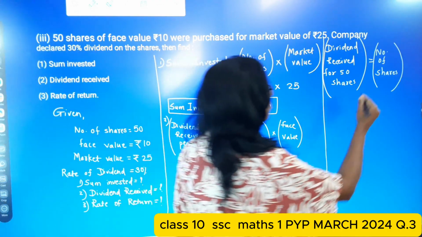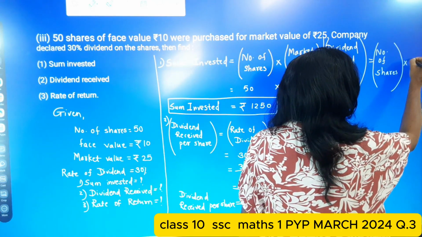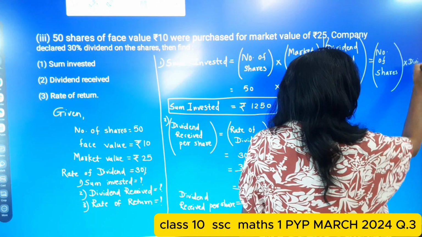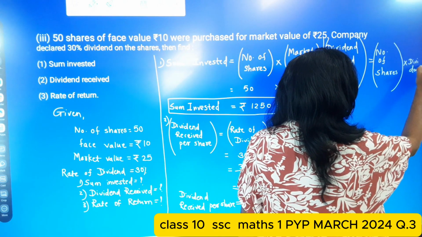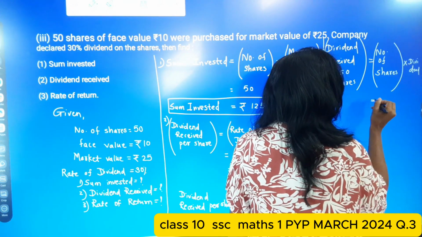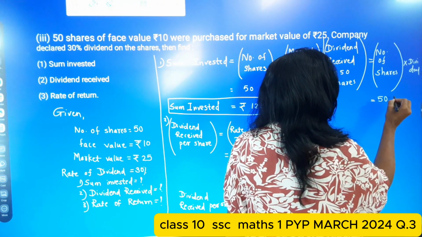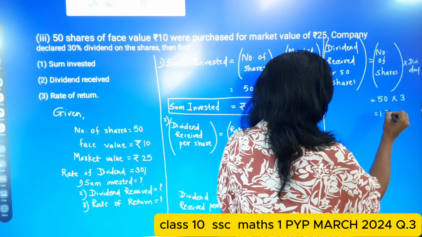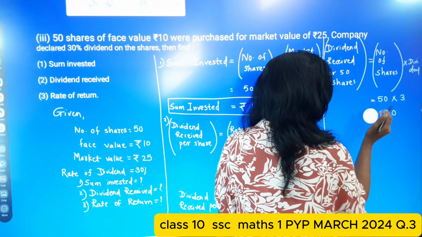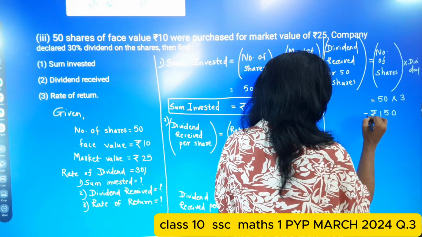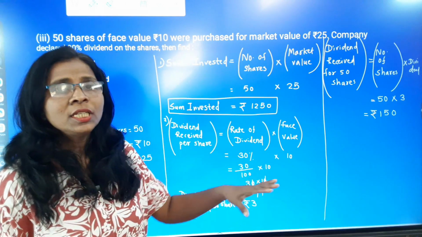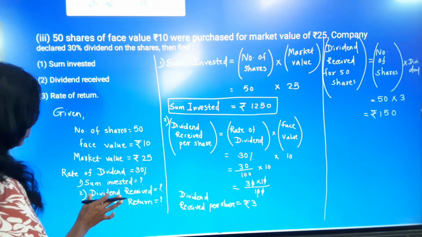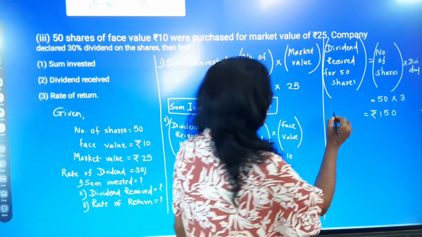So the number of shares is 50 and the dividend is 3. So here 150, that means rupees 150. So this is the second one, dividend received.